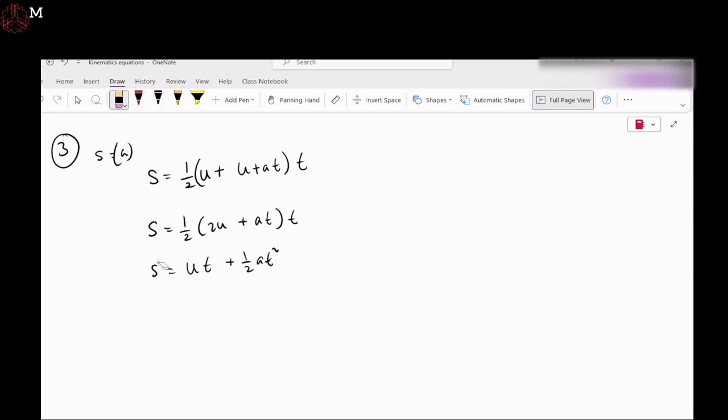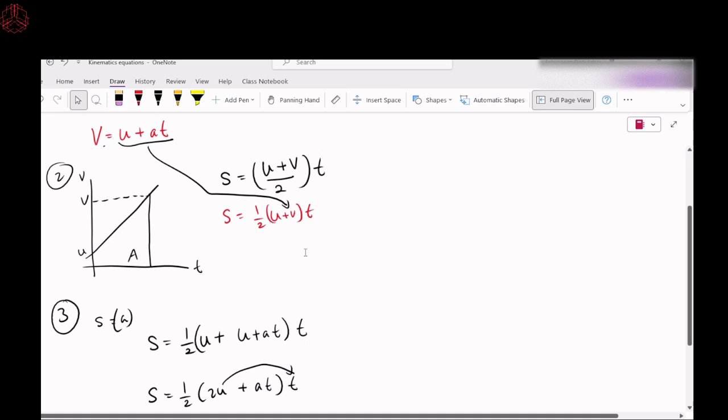Again, this is an equation that you need, so I'm going to write it in red. So s equals ut plus half at squared.